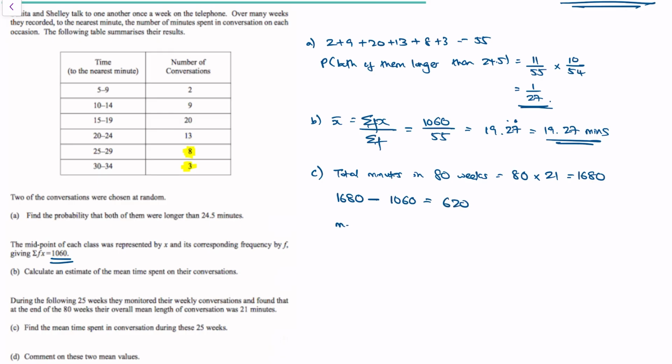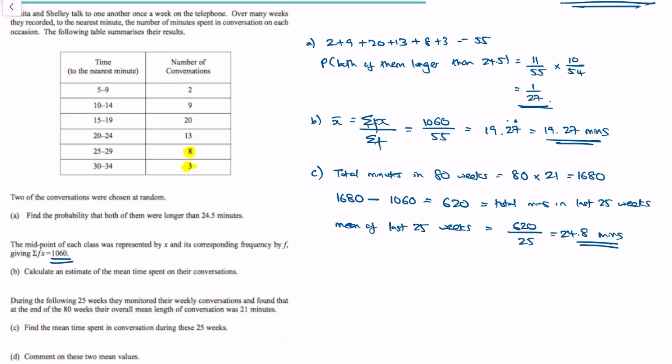So the mean of the last 25 weeks is the total minutes in the last 25 weeks, which is 620, divided by the number of weeks, which is 25, which gives me 24.8 minutes.